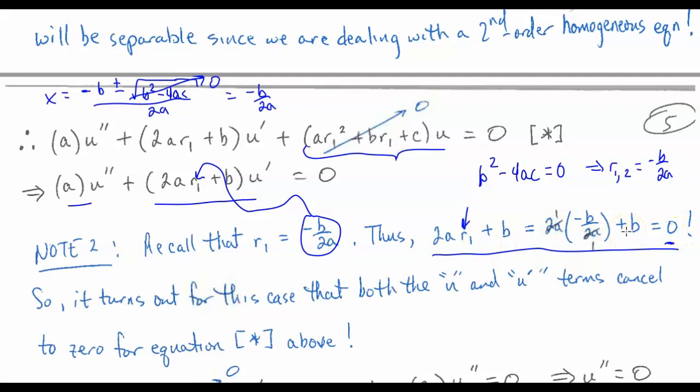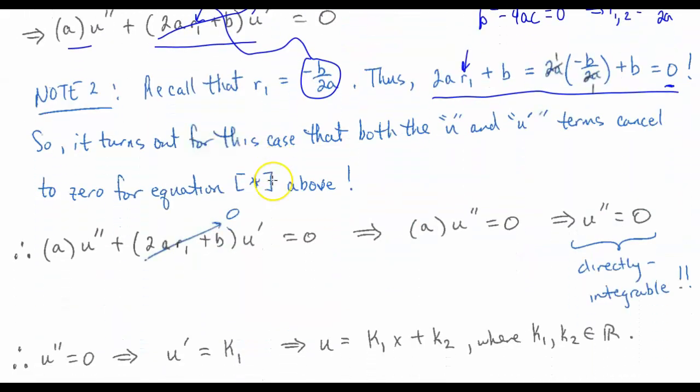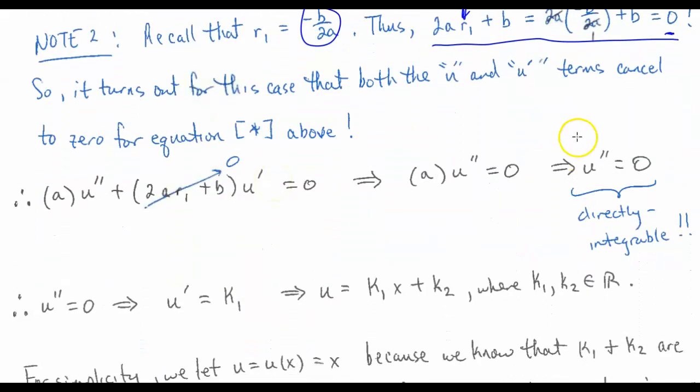Okay, so that's great because now what I essentially have here is that this is 0 and all I have is a times the second derivative of u equal to 0. And if we get to that point, we essentially have u double prime equal to 0, which is directly integrable. And that's very easy to deal with. I just take the general antiderivative twice.